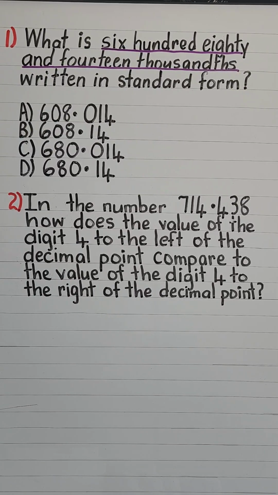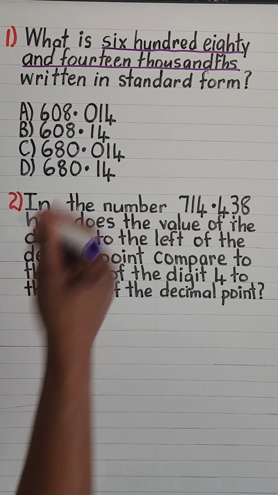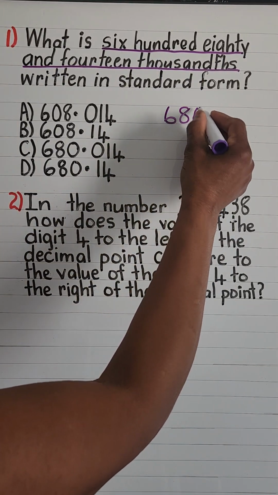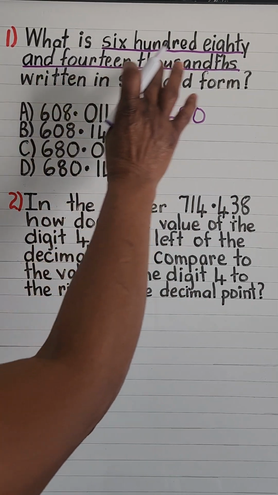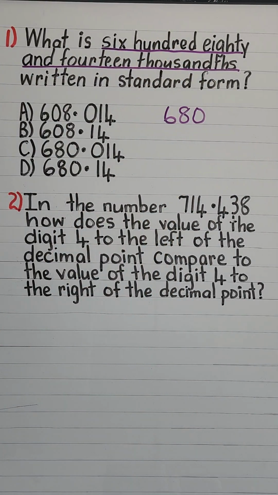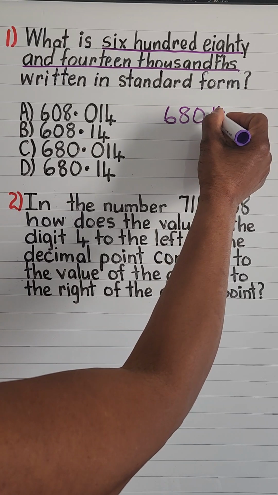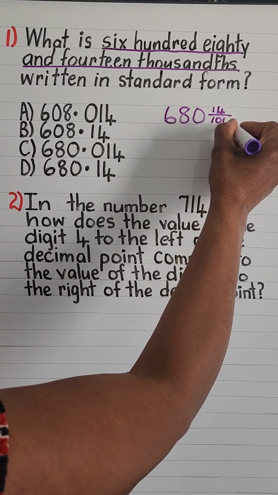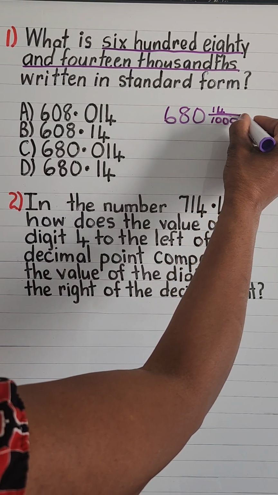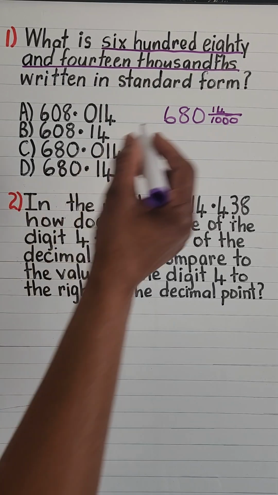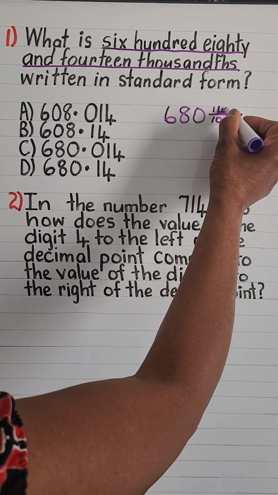Now 680 and 14,000. 14,000 means 14 out of 1,000. Written as a decimal, we move the decimal point from here.